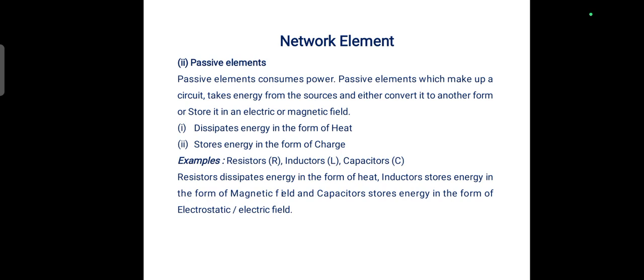So they dissipate energy in the form of heat, and they store energy in the form of charge. Example, resistors dissipate energy in the form of heat. Inductors and capacitors store energy. Resistors dissipate energy in the form of heat, an inductor stores energy in the form of a magnetic field, and a capacitor stores energy in the form of an electrostatic or electric field.